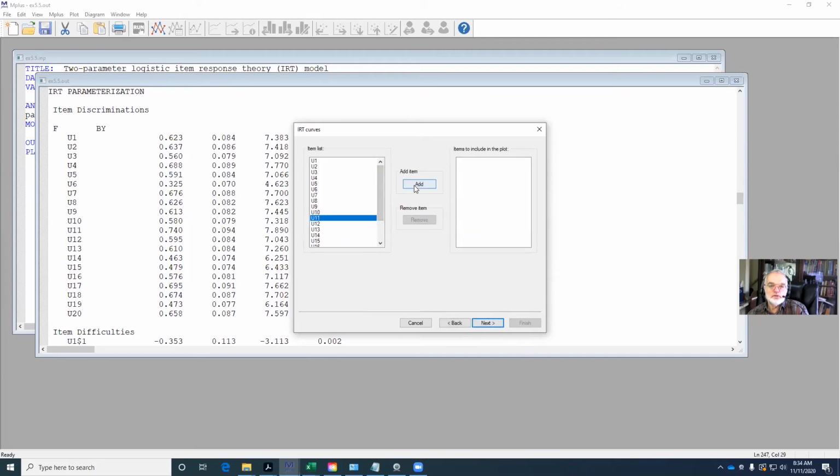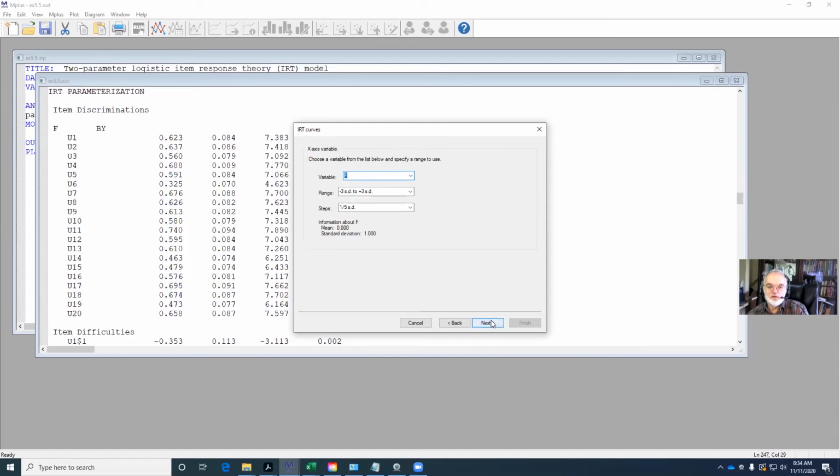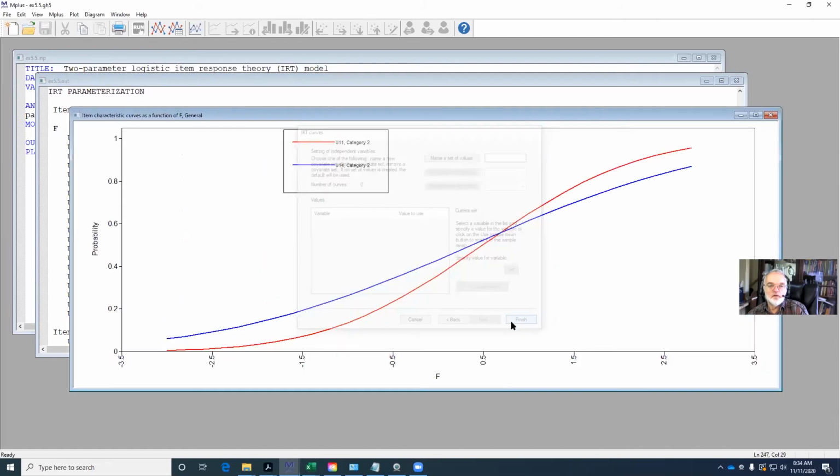Here's item 11, and I said item 14. So, this item did not have a discrimination. It tells you across all levels, people down here have a relatively low probability of answering, and people over here have about an 80% chance of answering the question.